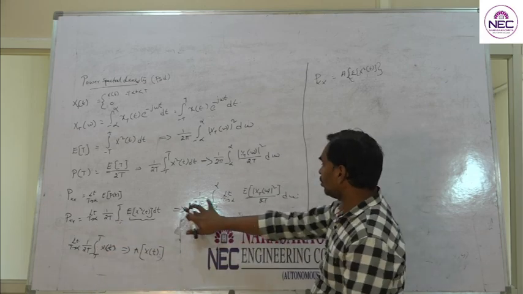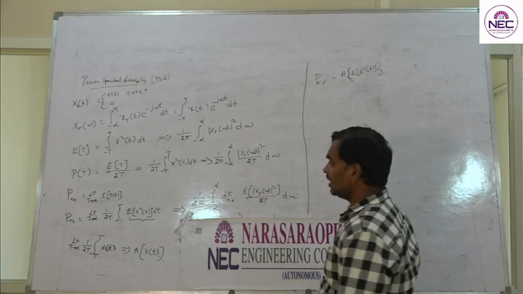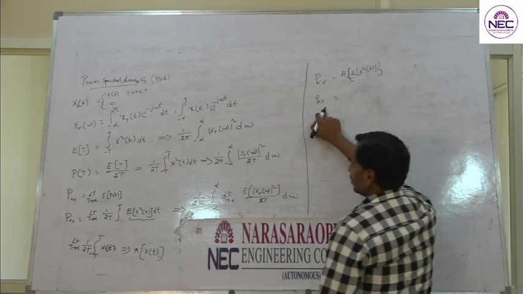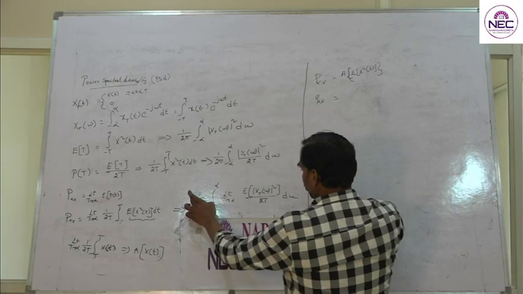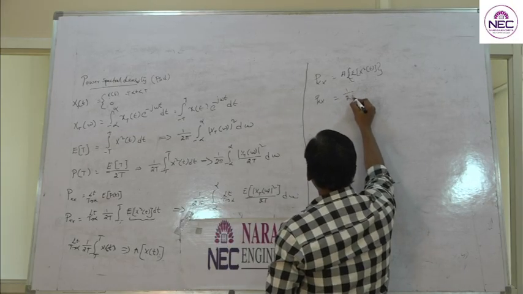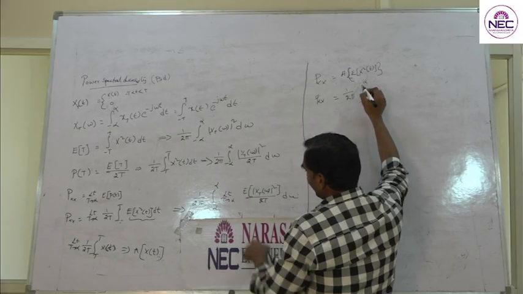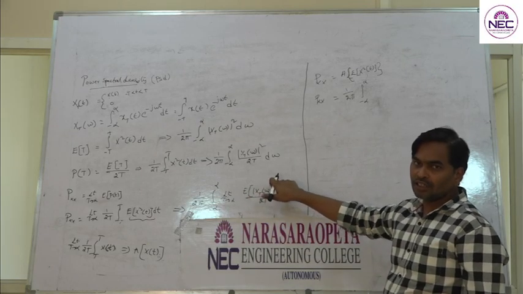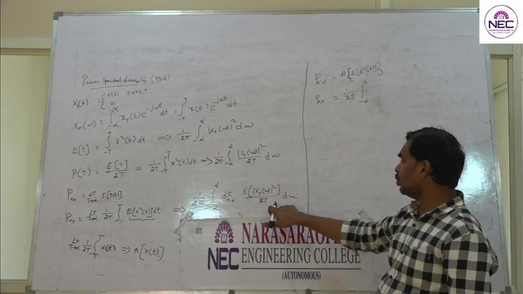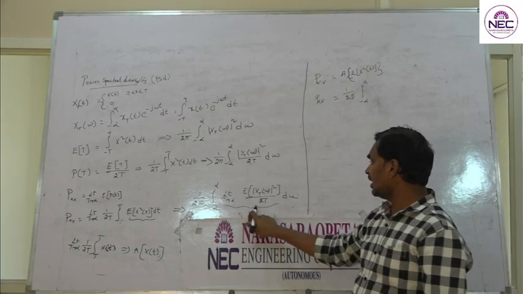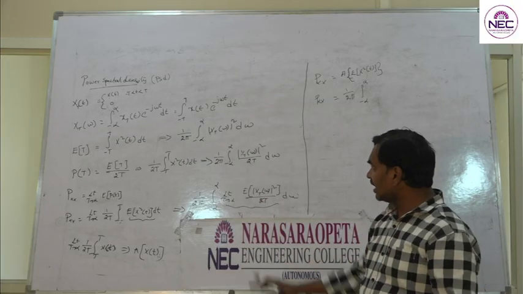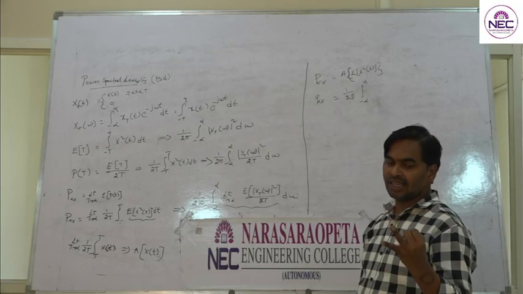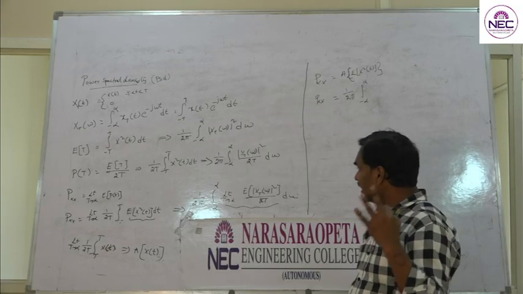Coming to the other representation, that is in the frequency domain. So in the frequency domain, how can we give the average power spectrum? Pxx is equal to 1 by 2 pi integral minus infinity to infinity, and the limit t tends to infinity expected value of magnitude of X_T of omega whole square by 2t. All these terms can be represented as the power spectral density. At the start we had given three equations: the first one is Sxx of omega, the second one is Rxx of tau, and the third one is again Sxx of omega.